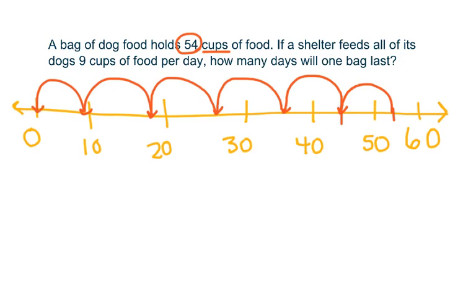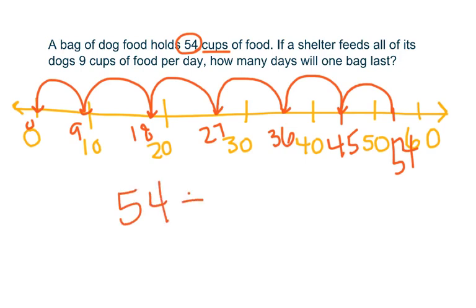So I used a bit of mental math. I started at 54 over here. I knew that it was 45, 36, 27, 18, 9, and then 0. So 54 divided by 9 equals 6. In other words, I subtracted 9 6 times.